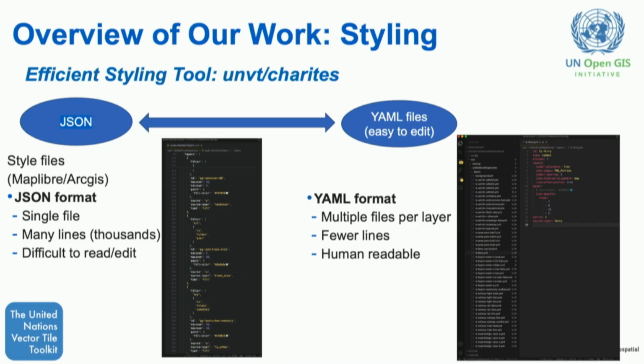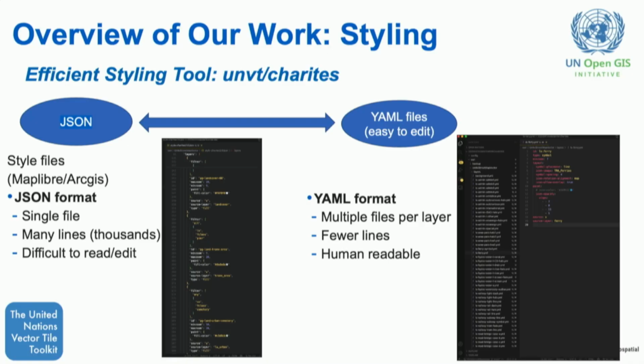However, a JSON format file is a single file that often contains thousands of lines, so it's difficult to read or edit. To address these issues, UNVT Caritis was developed. It allows us to convert a JSON file to YAML files.